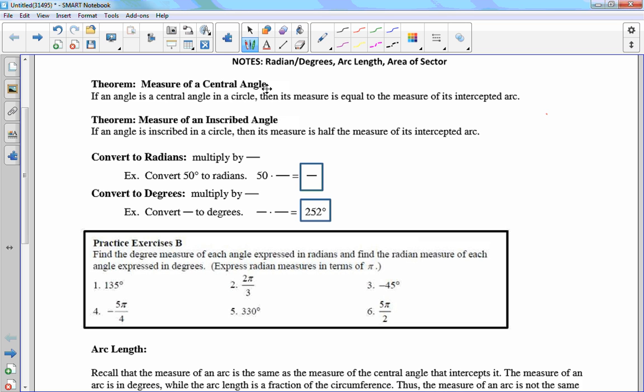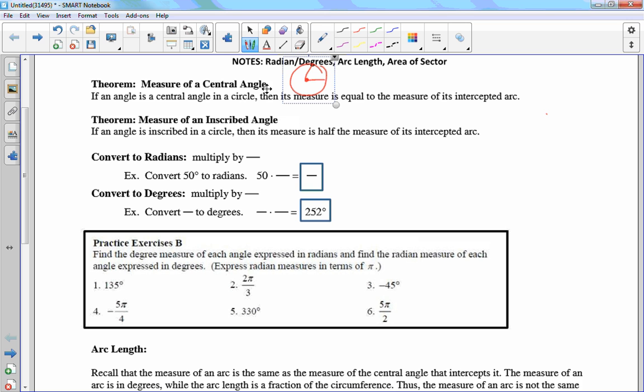At the top, let's re-emphasize these two terms we just went over. Central angle has the vertex at the center. The central angle and its arc, give me one word to describe the relationship. The central angle measurement and the arc measurement are equal, congruent.